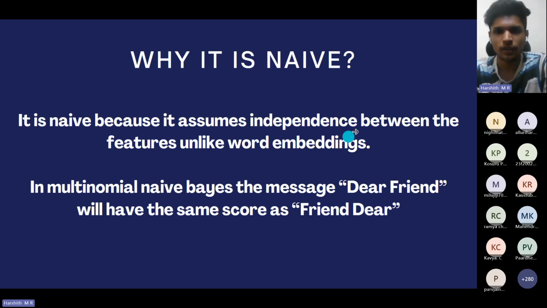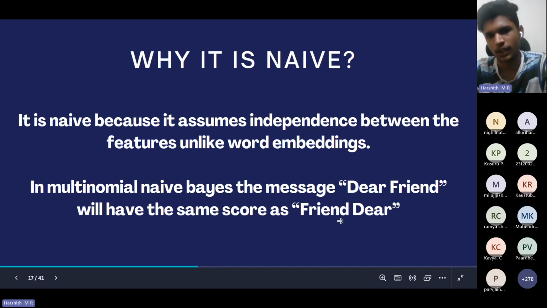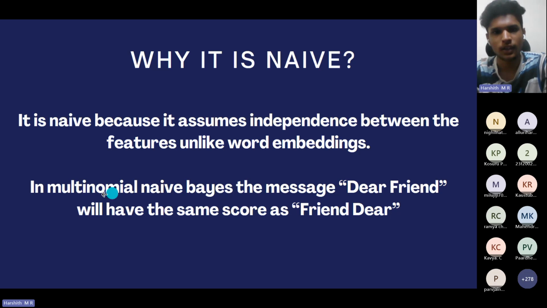This independence of features would lead multinomial naive Bayes to get the score for the phrase dear friend the same as the phrase friend dear, since it's just multiplication. That is why the algorithm naive Bayes is called naive. So this was about naive Bayes.